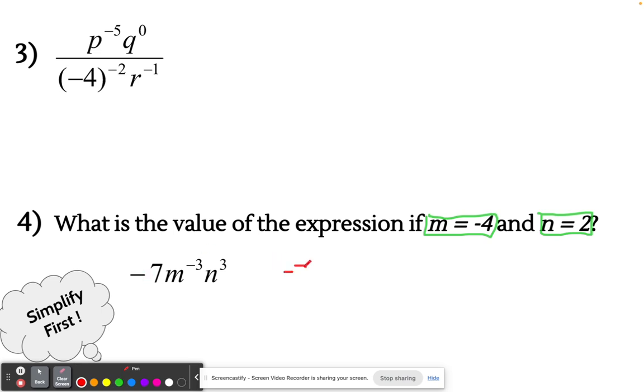That is not being raised to the negative 3 power. Only my m is. So it's going to go downstairs and become a positive m to the 3rd power, and my n to the 3rd power staying upstairs.